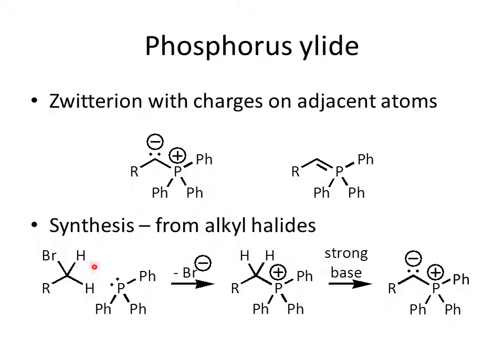Where do we get this thing from in the first place? We get it from some primary alkyl halide. If I had a primary alkyl halide and triphenylphosphine, triphenylphosphine is a readily available compound. It's got this lone pair, and it's actually a pretty good nucleophile. I know when we first introduced SN2, we talked about strong nucleophile versus weak nucleophile, and if something is neutral, we generally call it a weak nucleophile.